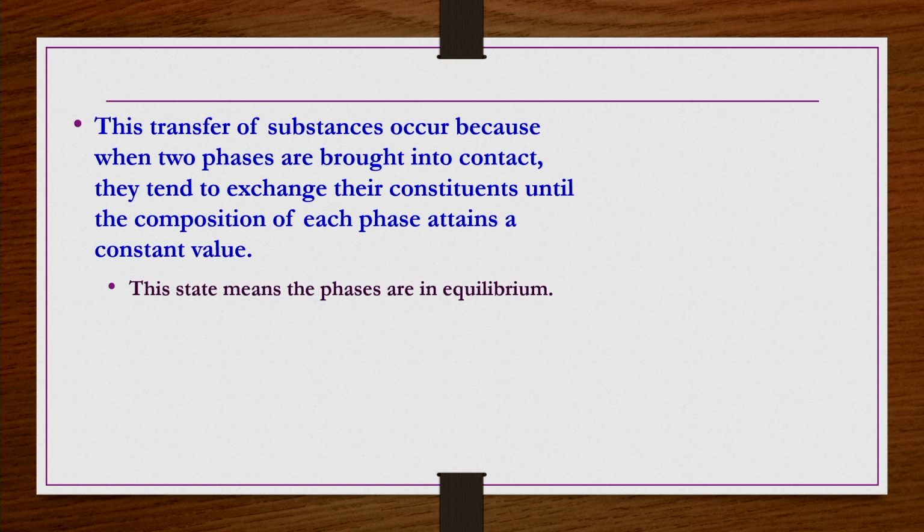When the composition of each phase attains a constant value, that means there is no further tendency for transfer of those species or constituents from one phase to the other. That means the composition in each phase becomes constant, and that state means nothing but phases are in equilibrium.